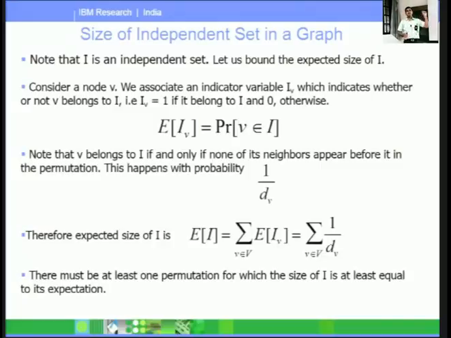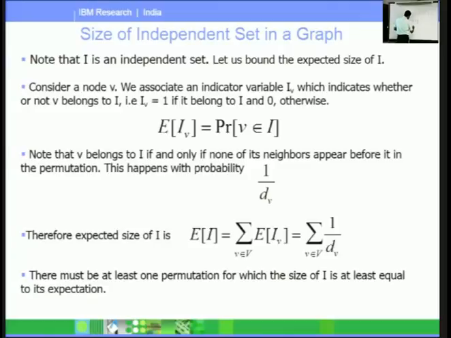Good, but I want a probabilistic argument here. Similar, actually. I'll do the first step of the solution. I want somebody to tell me what's the second step. So what I will do is pick any random subset S of size exactly V by 2.